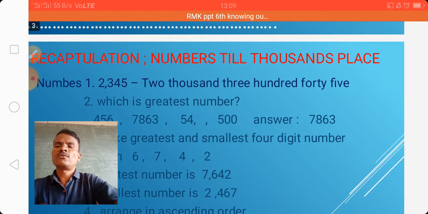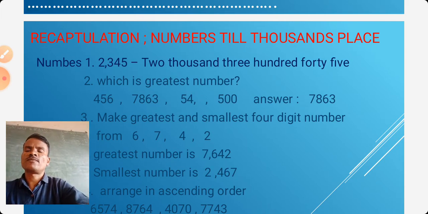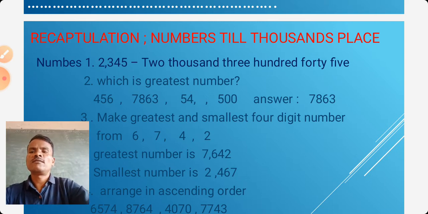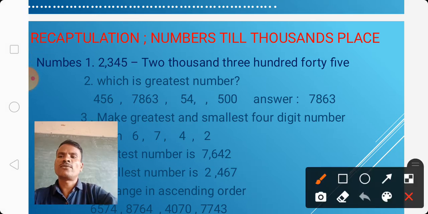Now we have to recapitulate the previous class regarding this chapter. First, numbers till thousands place. Take one example, 2345. If we write it in the form of number, we have to write it in the form of words like this: 2345.